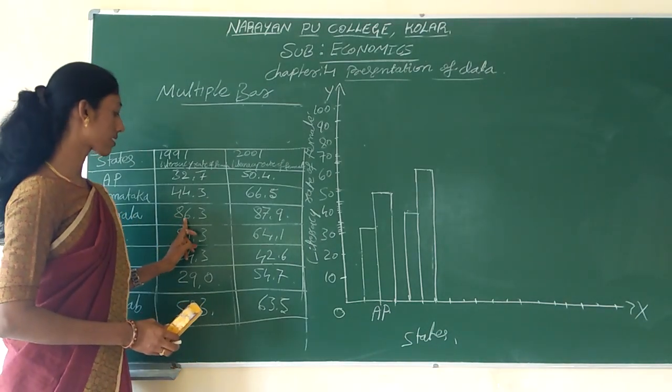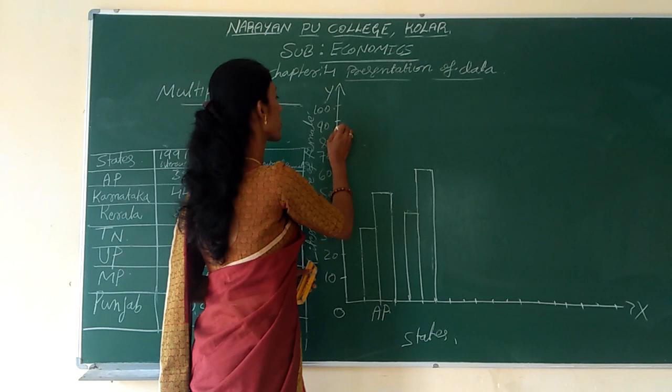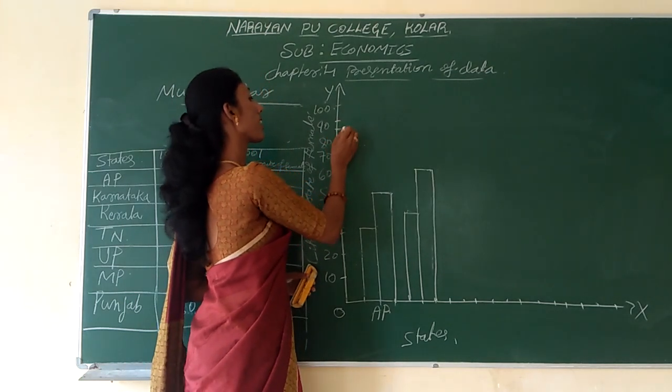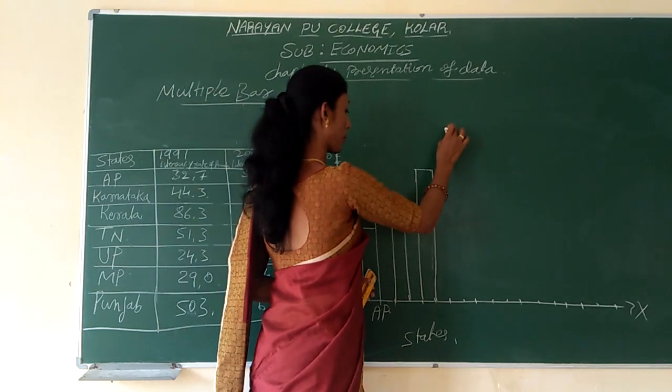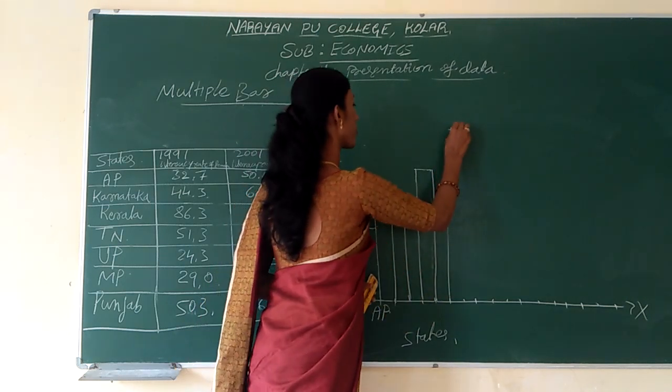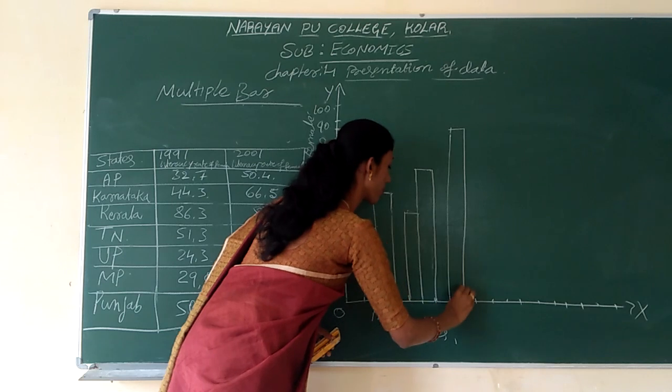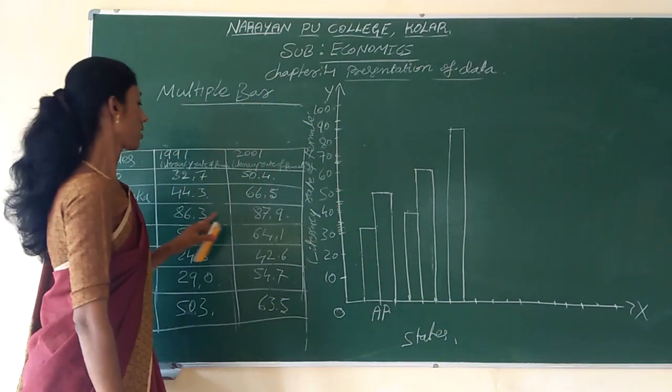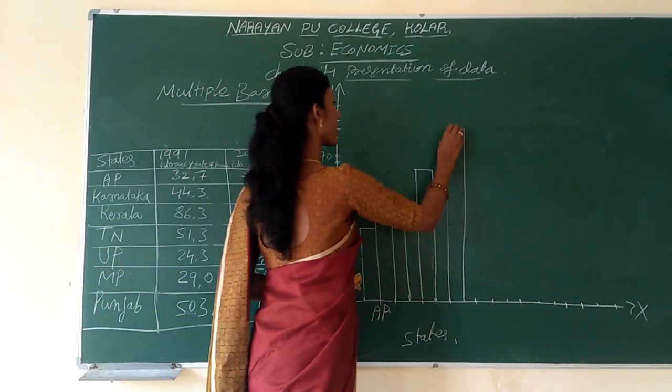In Kerala the literacy rate is 86. 86 means slightly above 85. Next, 87.9.